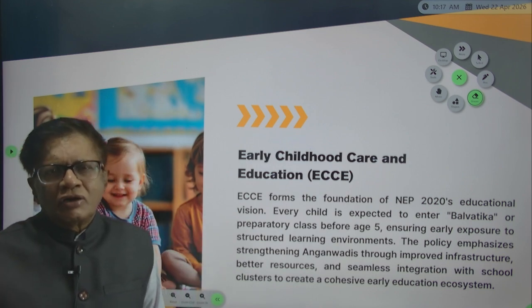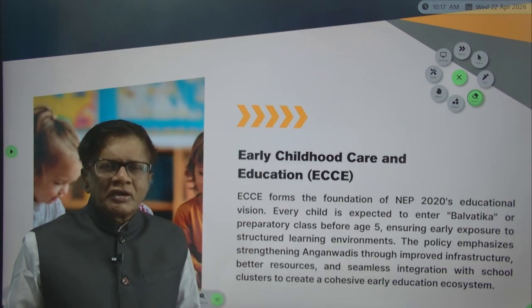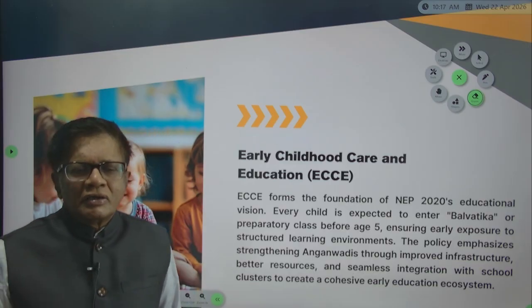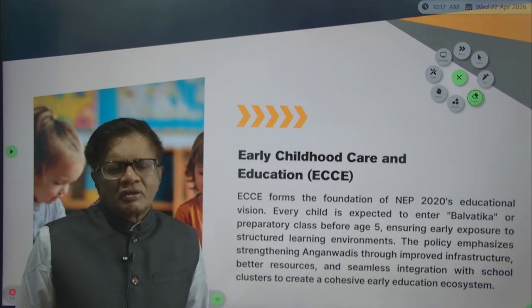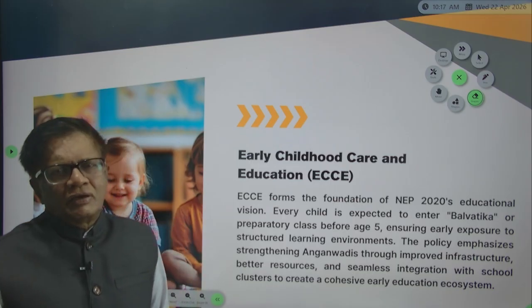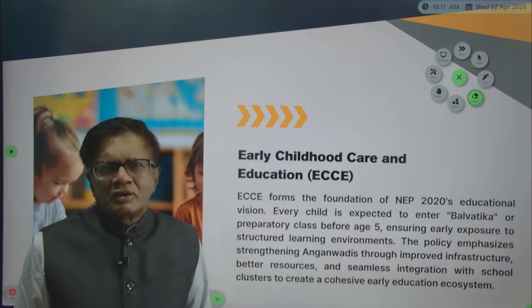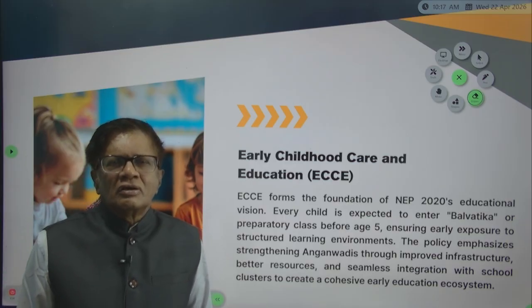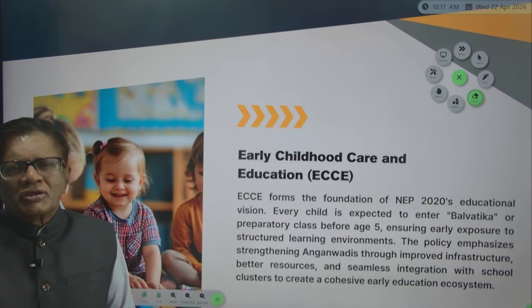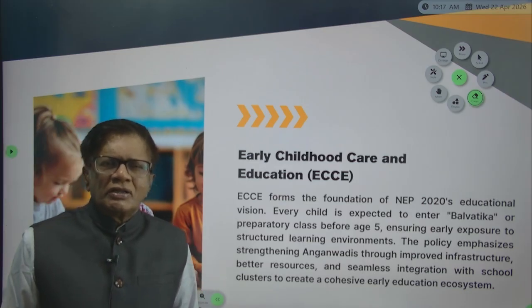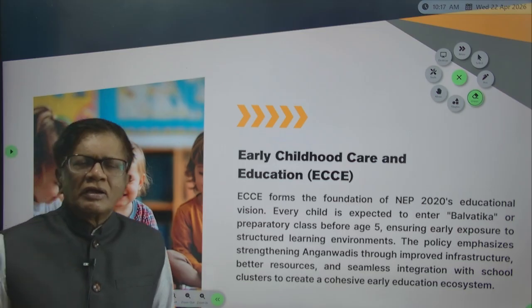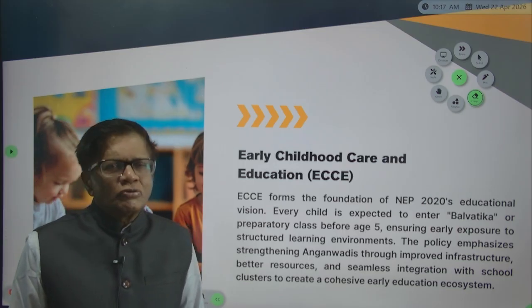Now, you have to understand what reforms were initiated in between. There is a rather transitional step which was taken by the government of India way back in 2009 by the Right to Education.